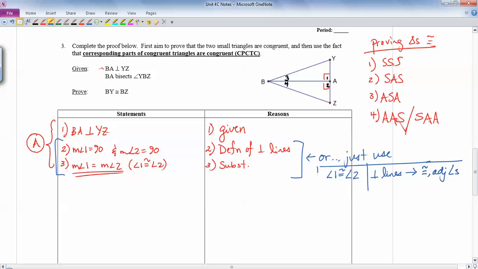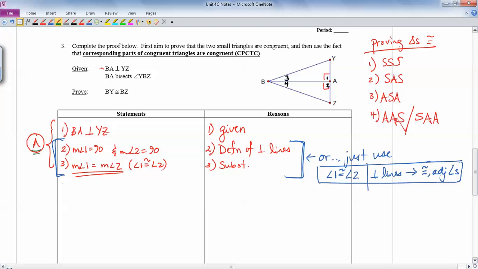So you could have put this step here in place of these two steps if you wanted to. Doesn't matter to me how you approach it. If you see the 90s and set those equal to each other, or you see this shortcut, that's totally fine. All right, so that's one chunk of the proof that gives us a pair of angles.